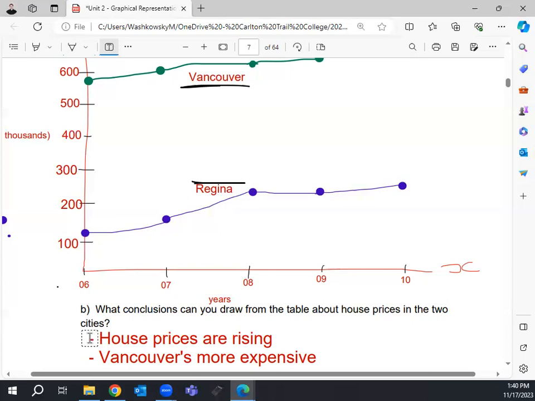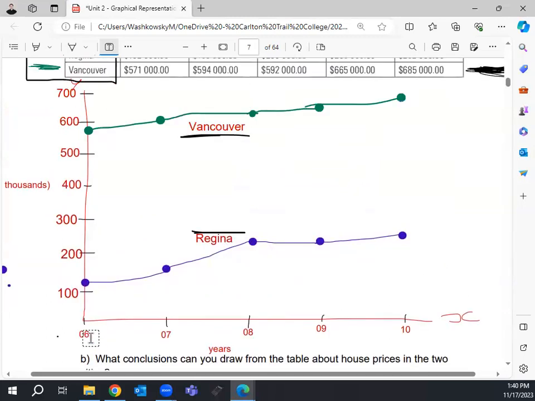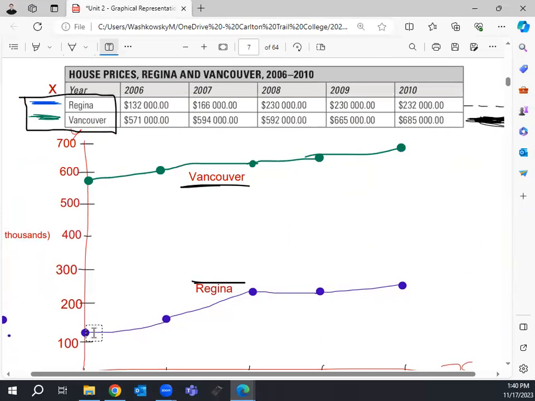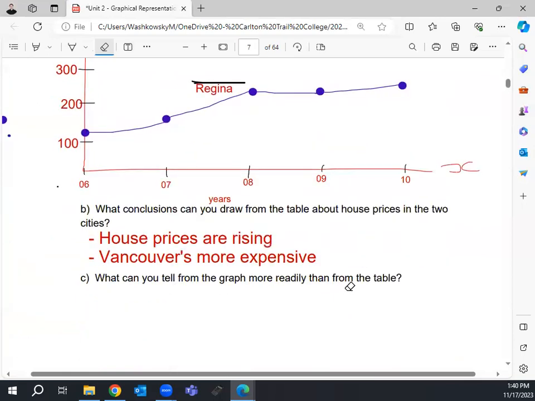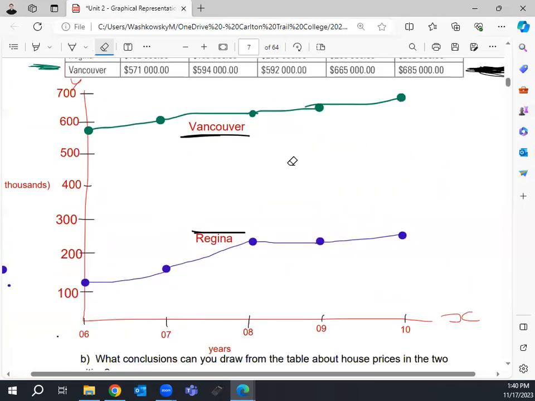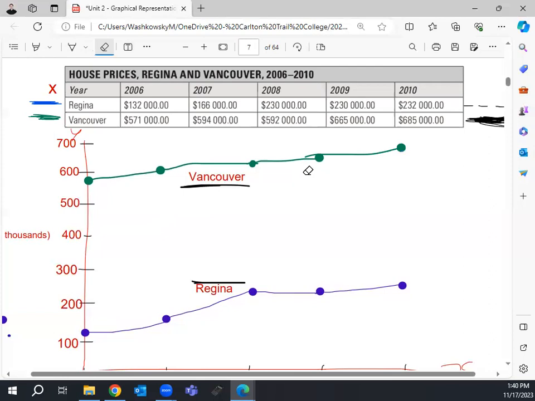But now one thing that's important to note, sometimes the data set is more reliable than the actual graph. This is technically telling the same story between the graph and the data set up here. But one thing that's a little bit harder to tell from this graph is, it's really hard to tell the difference between these two figures, isn't it?